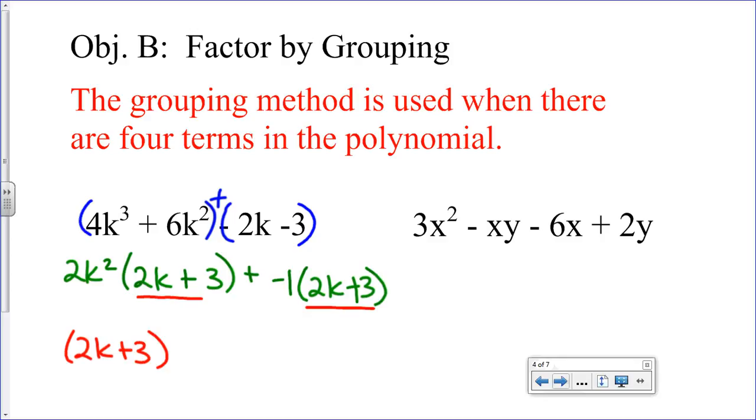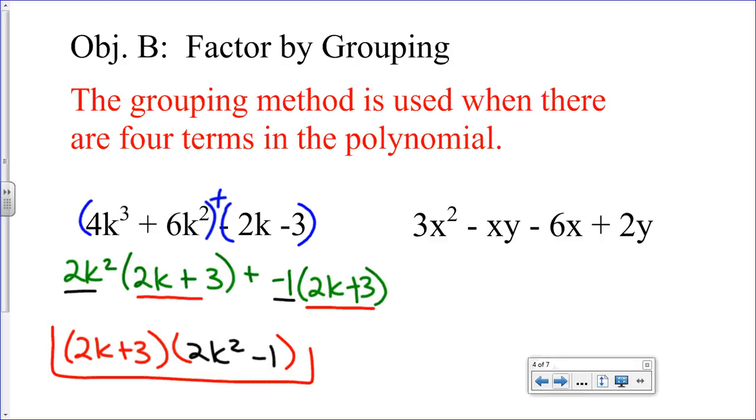And then what do I have left after I factor that out? 2k squared minus 1. If either one of these factored more, you would keep going. It doesn't, so we are good. Okay, try the next one.